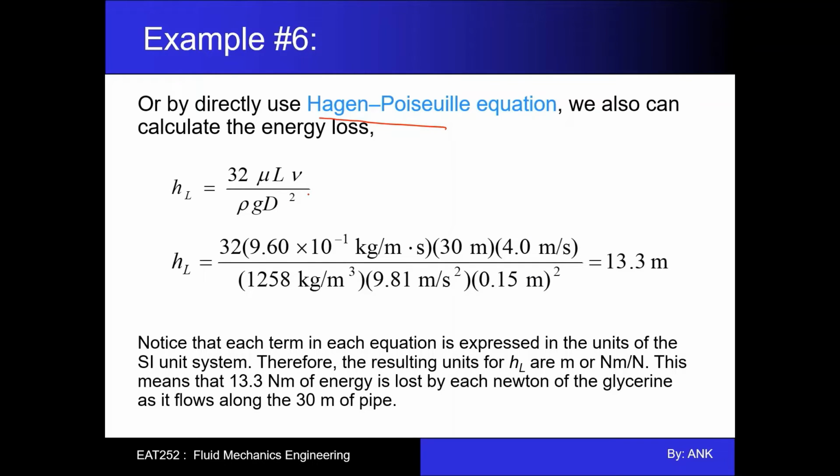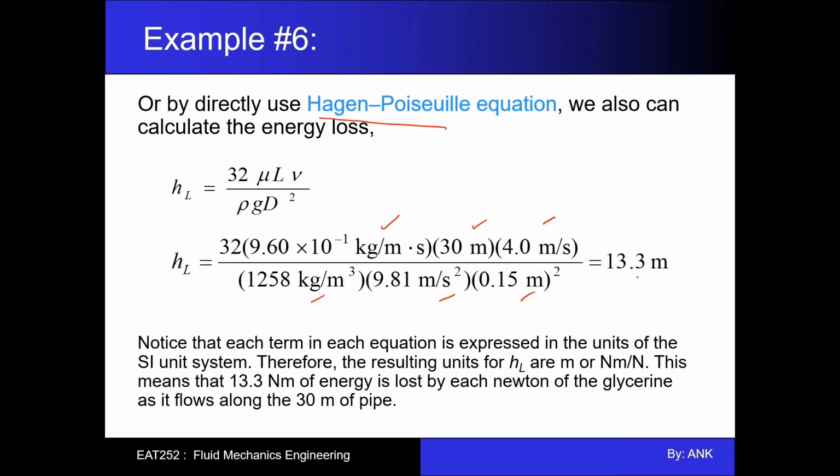Then we solve the equation. We substitute the dynamic viscosity, 9.6 times 10 negative 1 kilogram per meter second, times the total length of pipe, which is 30 meter, times the velocity of flow in the pipe, 4 meter per second, divided by the density of glycerin, times the gravity, times the diameter of pipe, 0.15 meter, squared.